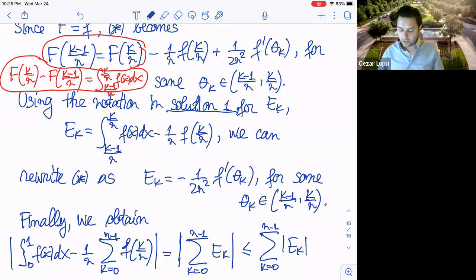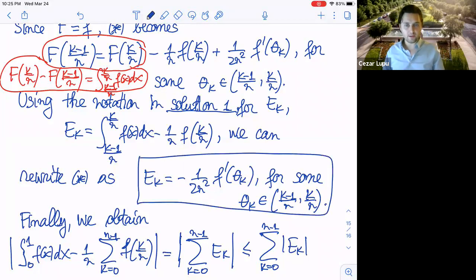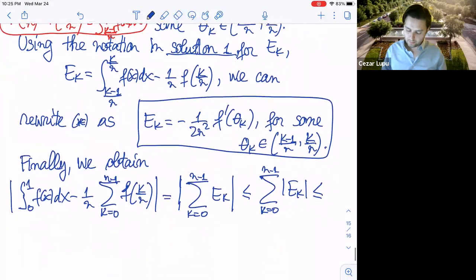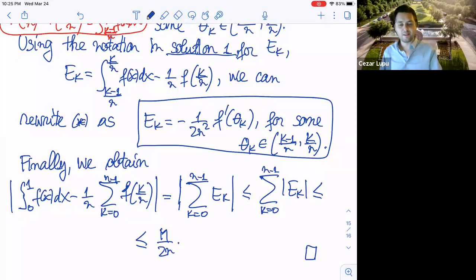And since we know that each ak is -1/2n squared times this, and we know that the first derivative of f in absolute value is less or equal than m, then we can say that this is less or equal than, well, again, it will give you m/2n. Anyway, that's the final, so that's the third solution for this problem.